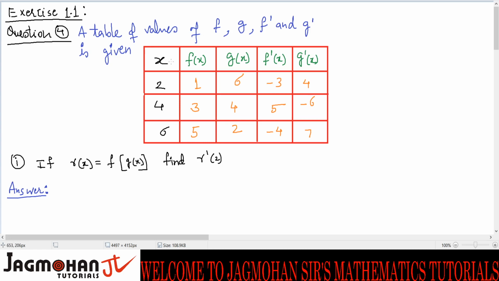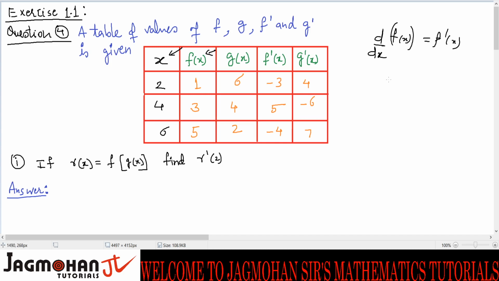So you can see here in this table the columns are x, f of x, g of x, f dash x and g dash x. Now you know f dash x is the derivative of f of x. When you differentiate f of x with respect to x, you get f dash x.